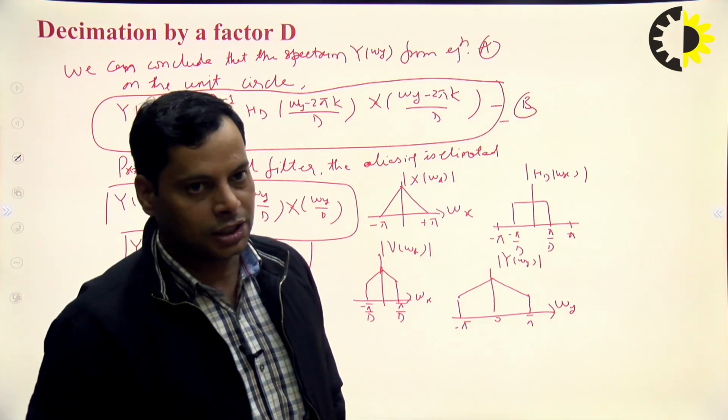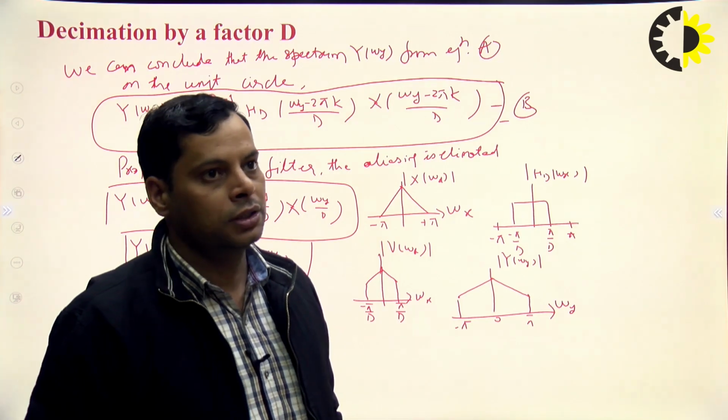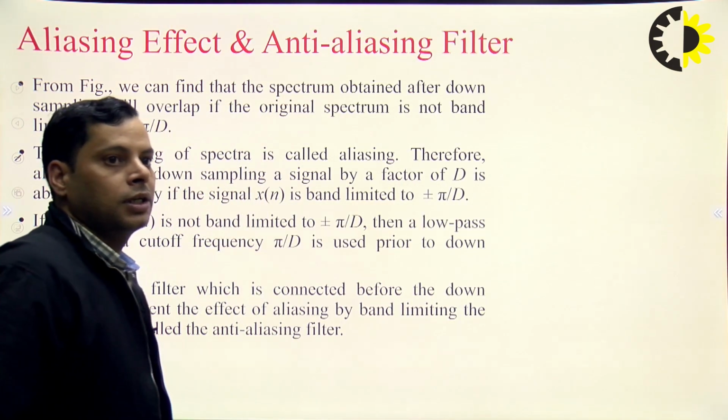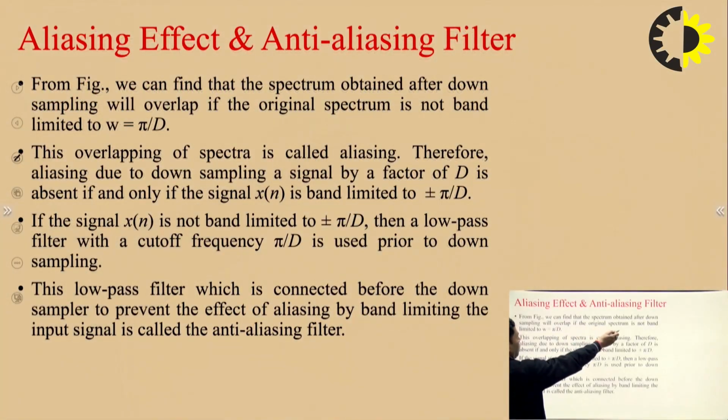So in this way, we can see how the decimation can be performed. Then we will see the aliasing effect and the anti-aliasing filter. We can find that the spectrum obtained after the downsampling will overlap if the original spectrum is not band limited. The overlapping of spectra is called aliasing.